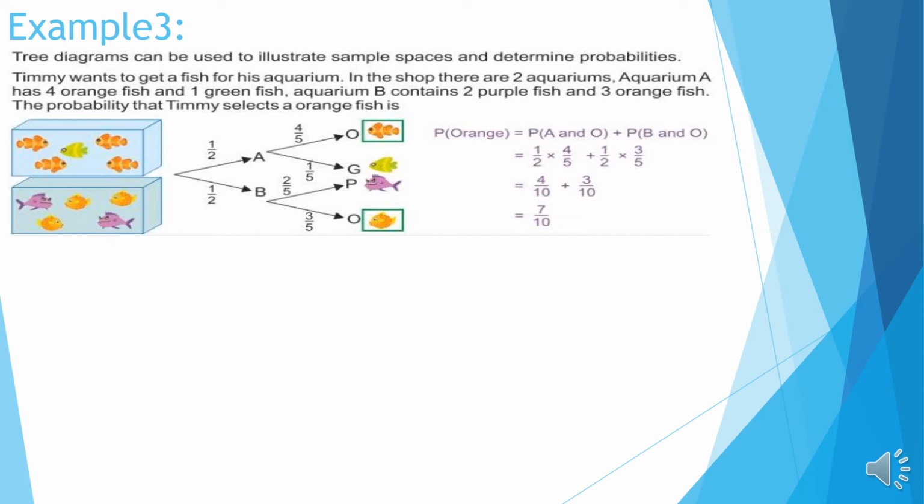It is half. 50% means 50 over 100, which is half. Also 50% for Aquarium B, which is half.